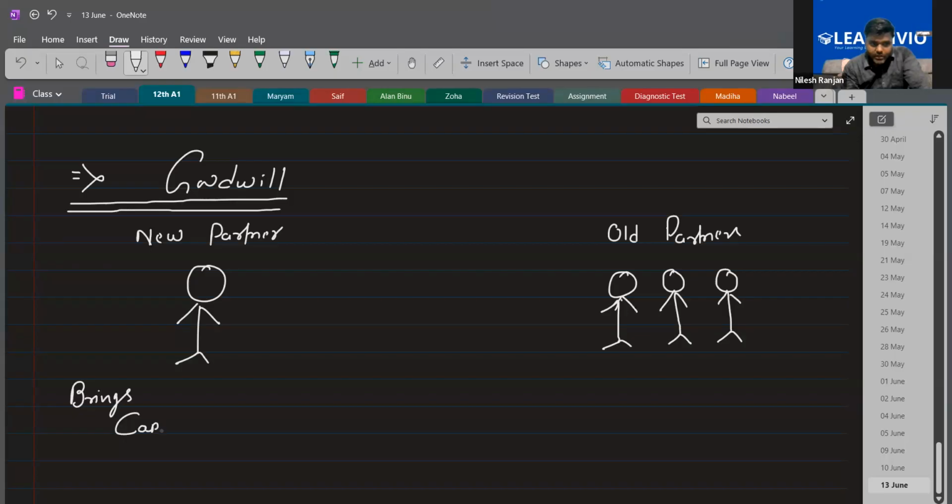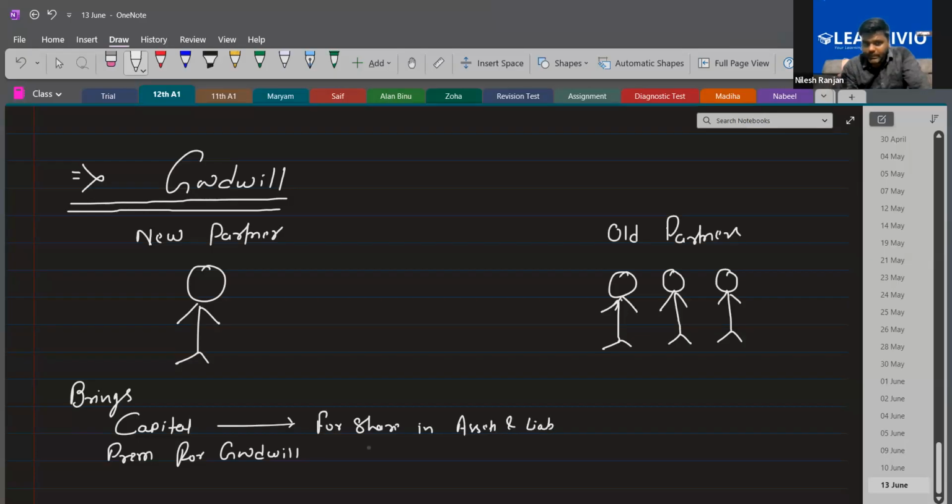One is capital and one is premium for goodwill. Capital is brought by the new partner for share in assets and liabilities, and goodwill is for profit share. He brings two things and the purposes of these two are different. Capital is for share in assets and liabilities, premium for goodwill for profit share.